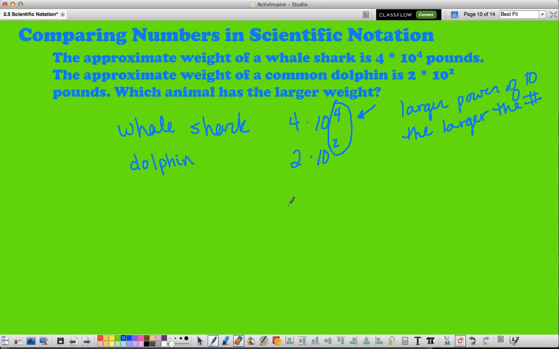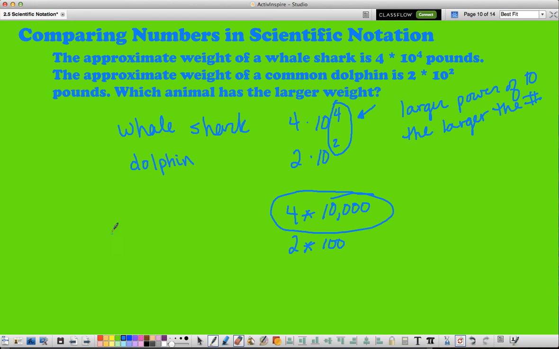Because this turns out being 4 times 10,000, and this ends up being 2 times 100. Well, you know just by looking at it this way that this one is going to be larger.